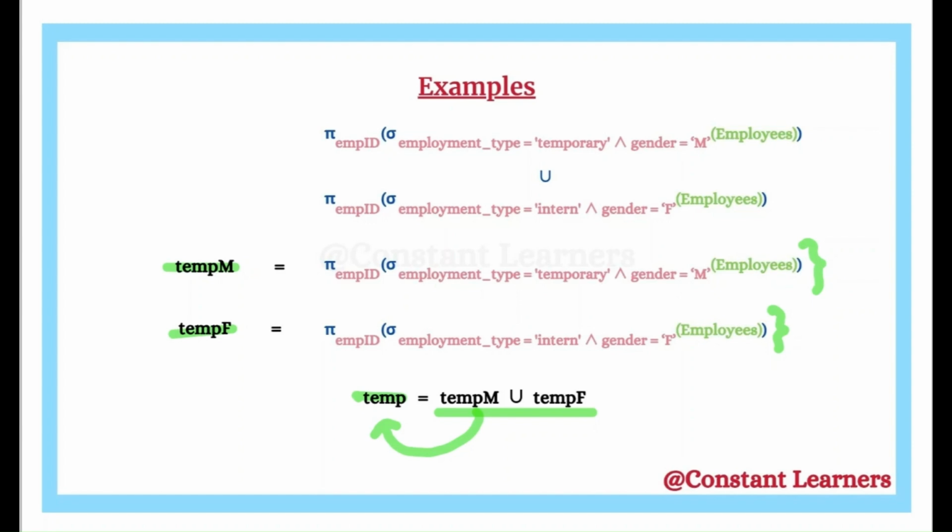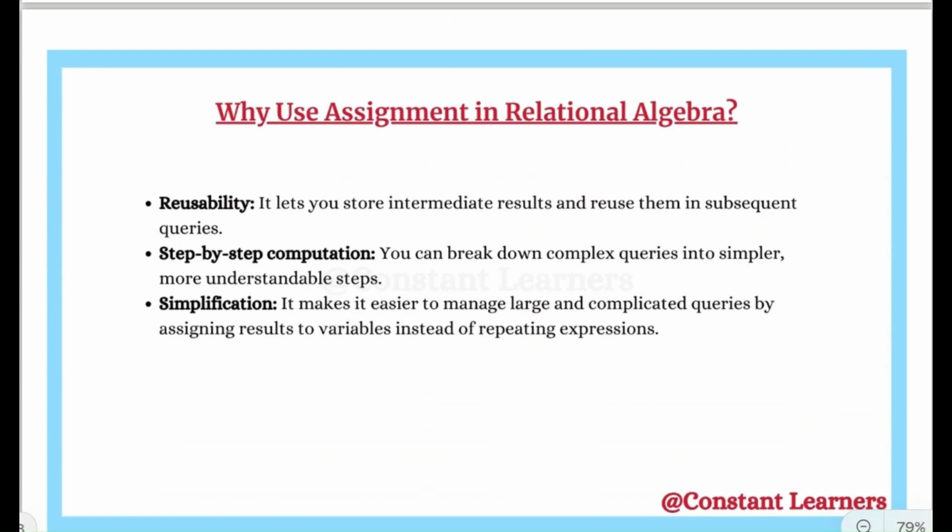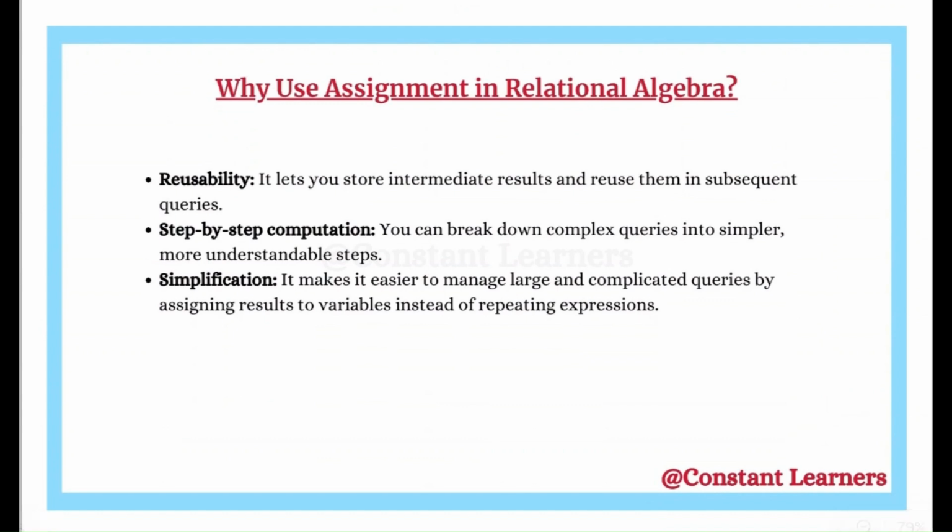But remember, when working with permanent relations, be very cautious as assignments can change your database permanently. On the other hand, temporary relations give you flexibility without affecting the actual database. So why is assignment operation important in relational algebra? First is reusability.